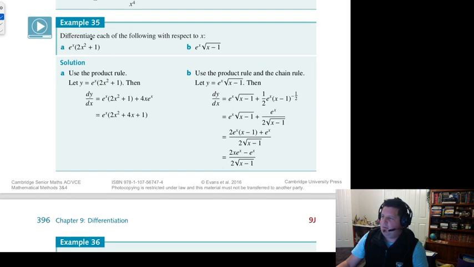Example 35 says differentiate each of these with respect to x. So again, you've got a function here, e to the power of x, and the other function, it's multiplied by 2x squared plus 1. So there are your two functions. I would still write out, this one's u, this one's v, if that's the notation you want to use.